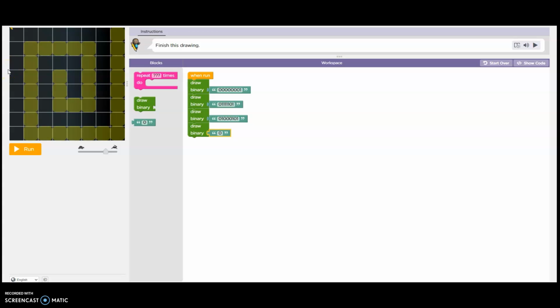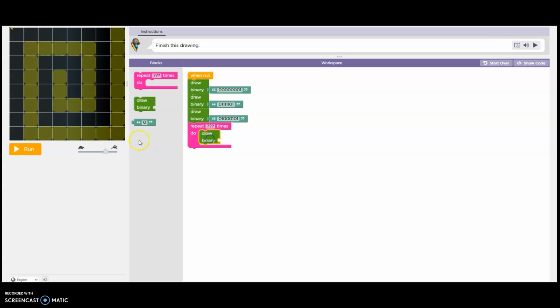Now we're on this row, so we're going to get a new draw binary and figure out what we have to do in this row. This starts with 0, 1, 0, 1, 0, 1, 0, 1. So how many times is 0, 1? I'm going to use a repeat for this one.